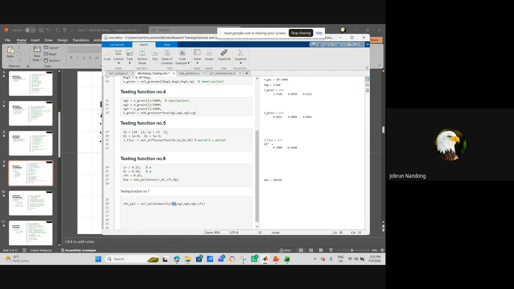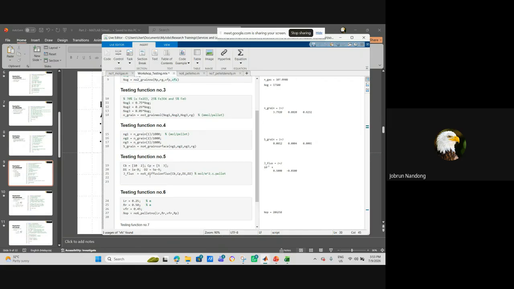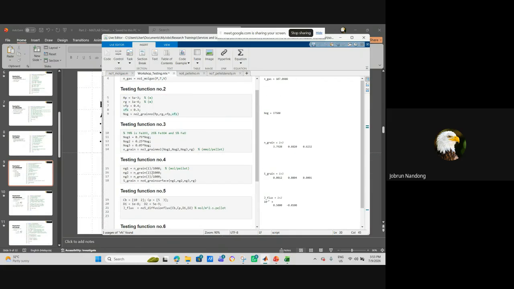We already have our RP, NG1, NG2, NG3 from here; these are together. And then VFS, have we got that somewhere on the top? Yeah, we have it already.